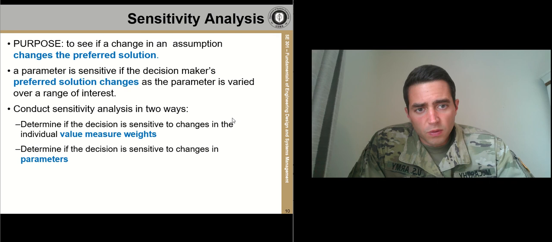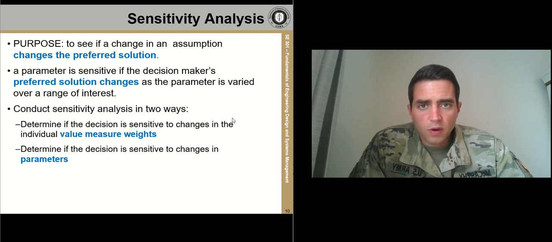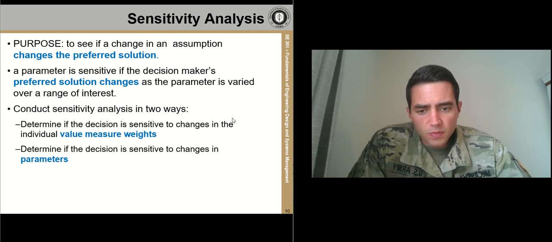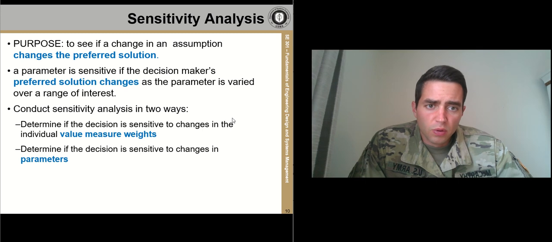If you think back to what we did with swing weight matrices, we identified the numerical value of importance for each value measure, we compared them to each other to determine what the global weights were, saying that my ideal solution will consist of all these values, but some of them are weighted more heavily than the others, but altogether they equal a whole ideal solution.